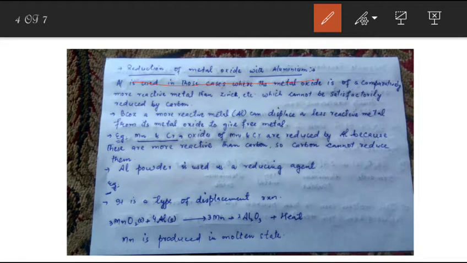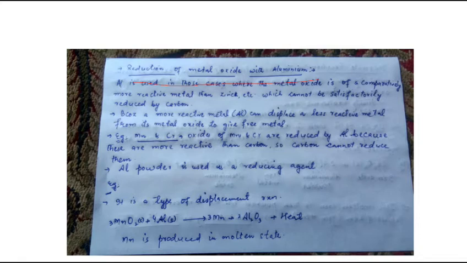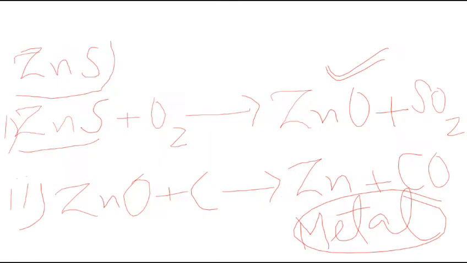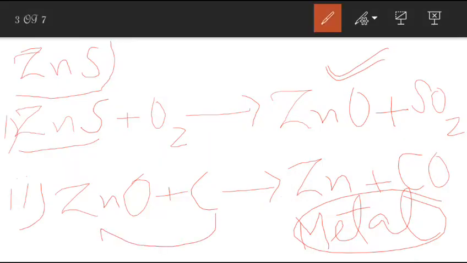What is the reason behind that? You will see here, carbon displaces zinc, and you know what a displacement reaction is, in which a highly reactive metal displaces a less reactive metal.